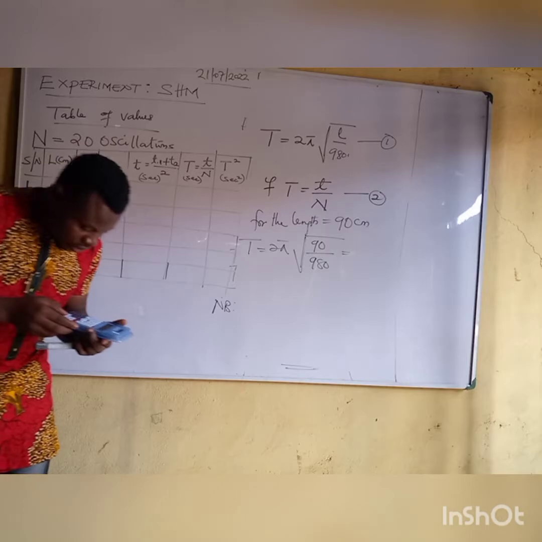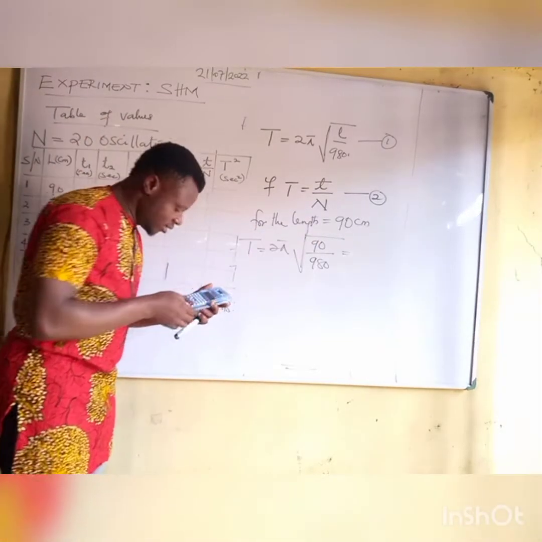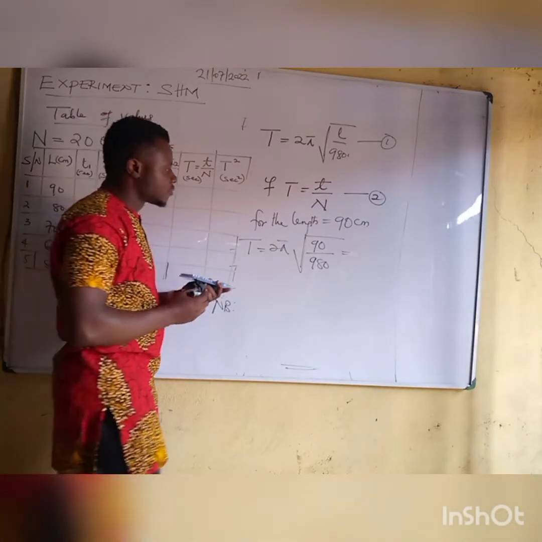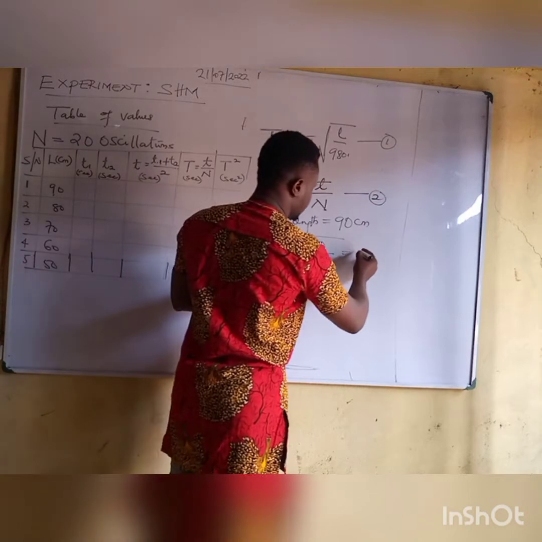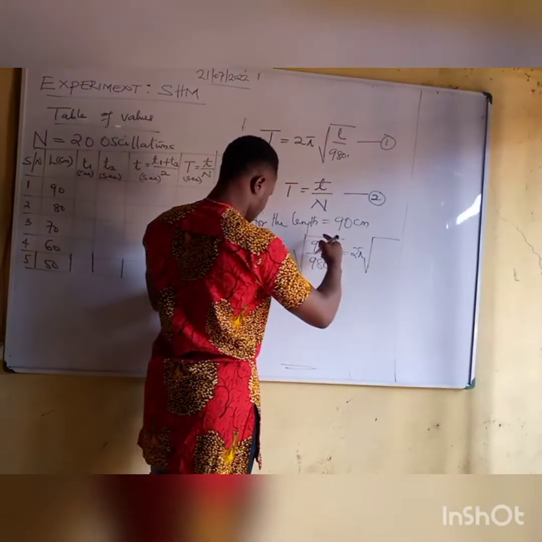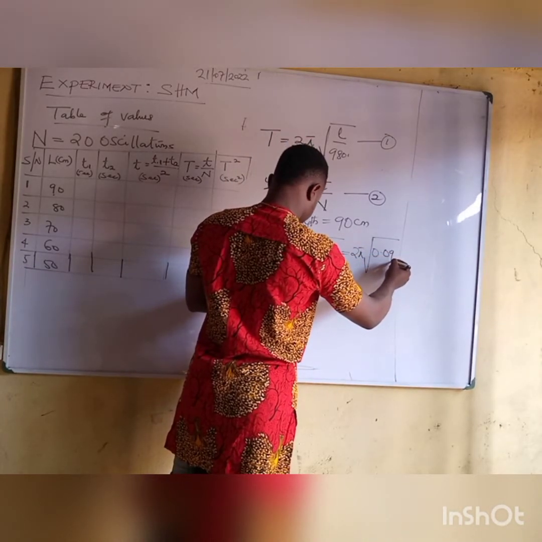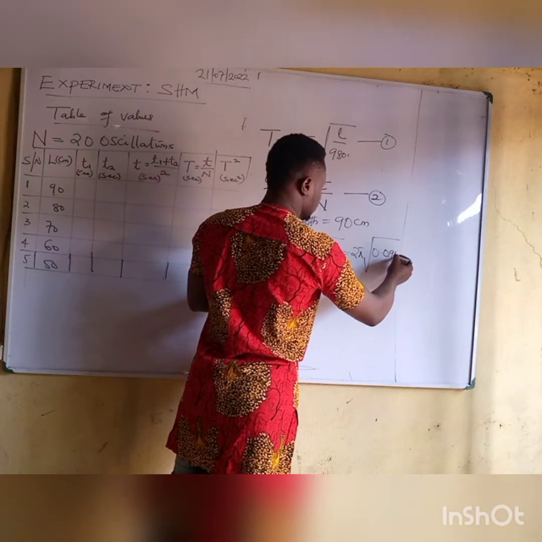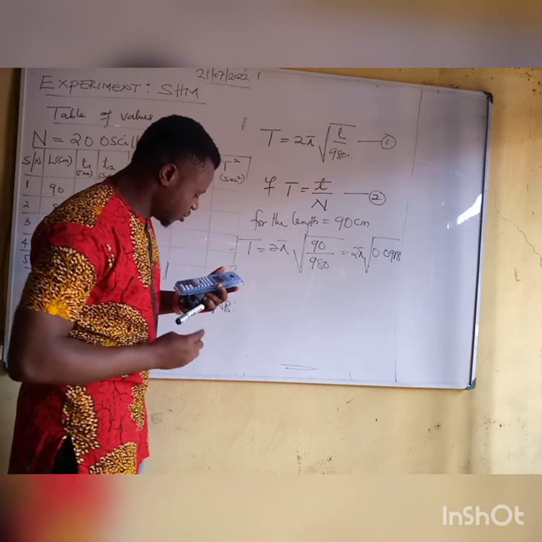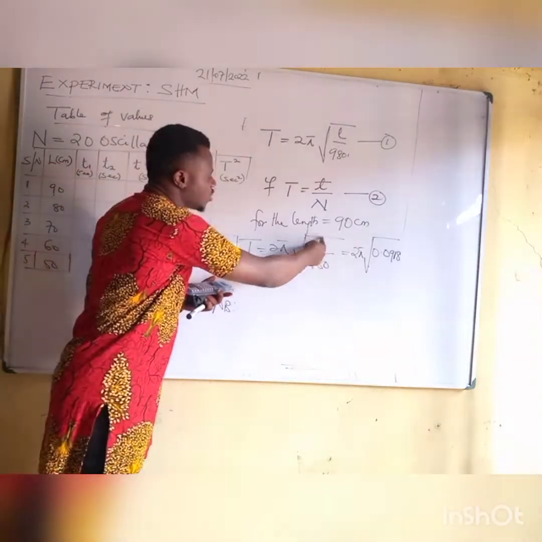You get your calculator. First of all, press 90 divided by 980. We are going to have 2π square root of everything here. We get 0.0918. Now when you press it, you can see we have gotten the whole of this thing.